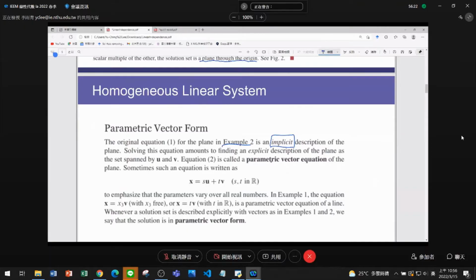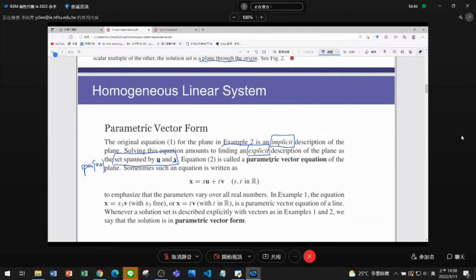And then solving the equations amounts to finding an explicit description of the plane as the set spanned by u and v. Eventually, we find the vectors u and v, and then can directly say that the general solution is the span of u and v.